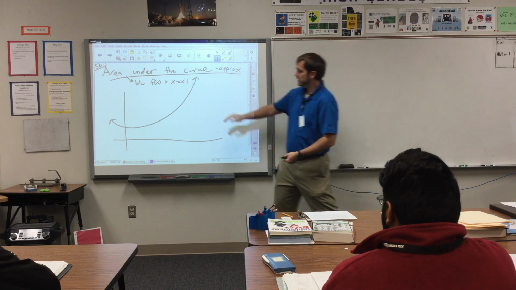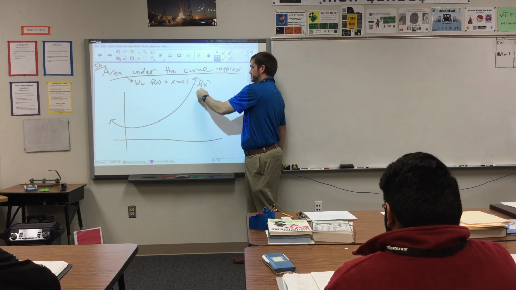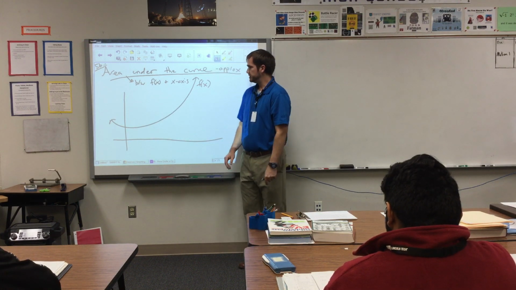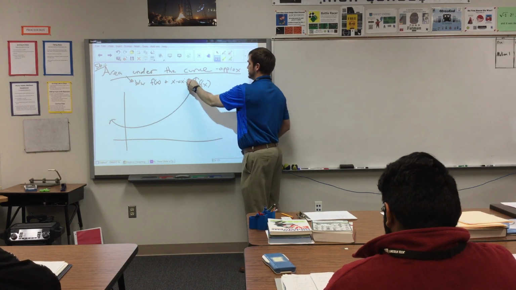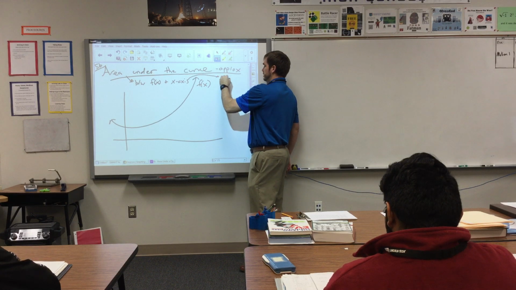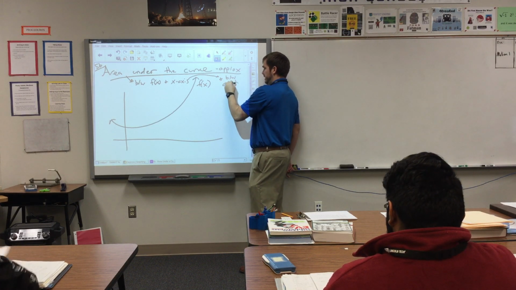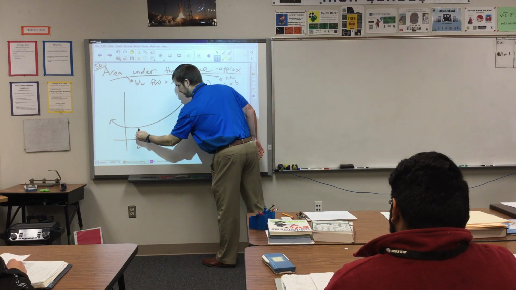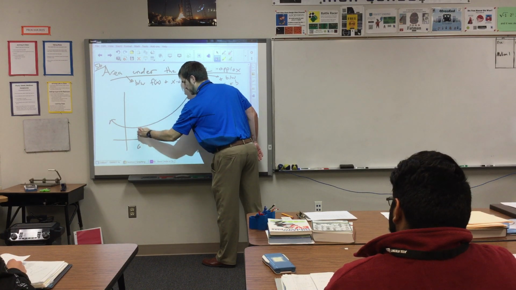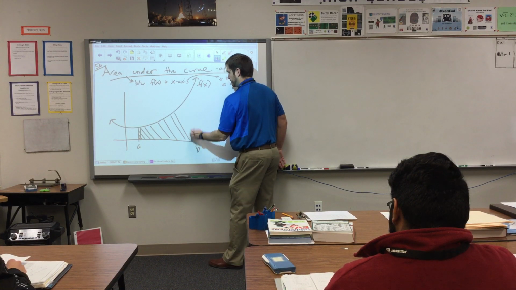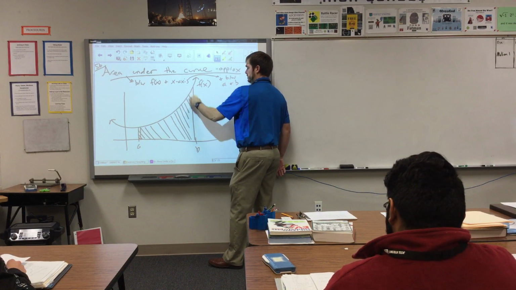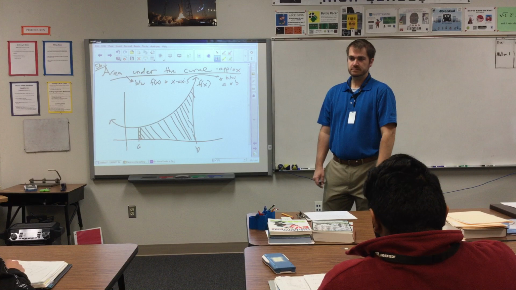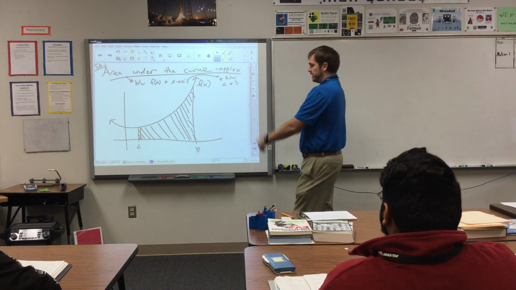But anyway, we're looking at the area under that curve, f of x, and above the x-axis, so above here, and more specifically, between f of x and the x-axis, and between points A and B. So A and B. Everybody knows that diagonal lines mean area. Looking for that area right there.